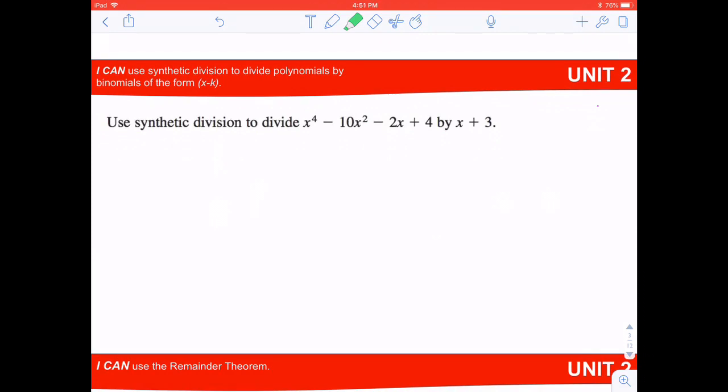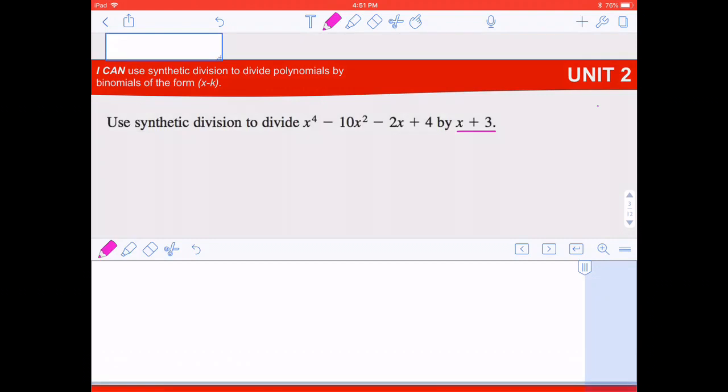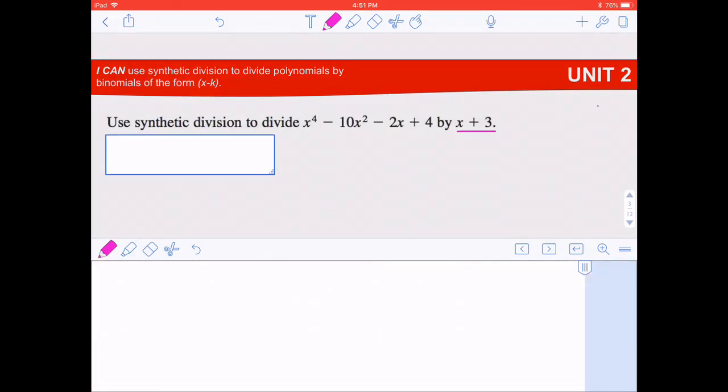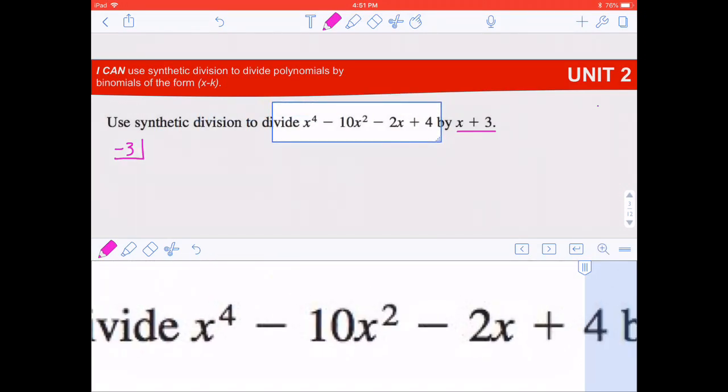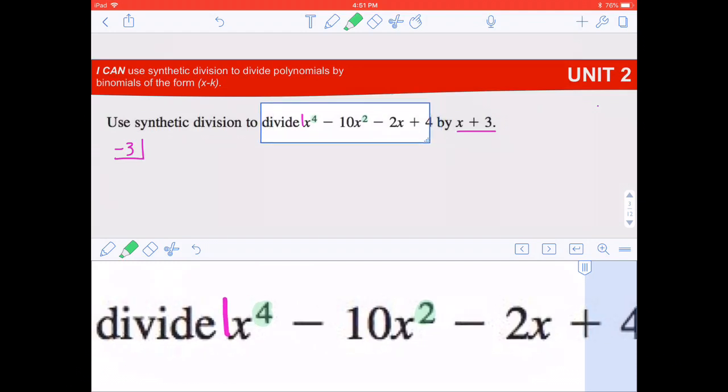So we're using synthetic division to divide x to the fourth minus 10x squared minus 2x plus 4 by x plus 3. So that is in our form that we want. I'm going to go ahead and put a minus 3. Remember, we put opposite. And then I'm going to go through and look at all the coefficients. So this has a coefficient of 1. This is x to the fourth, and then it jumps to x squared, which means that we need to put in a placeholder for that x cubed.